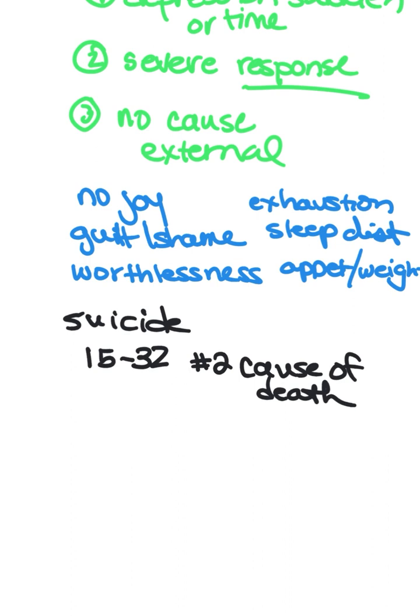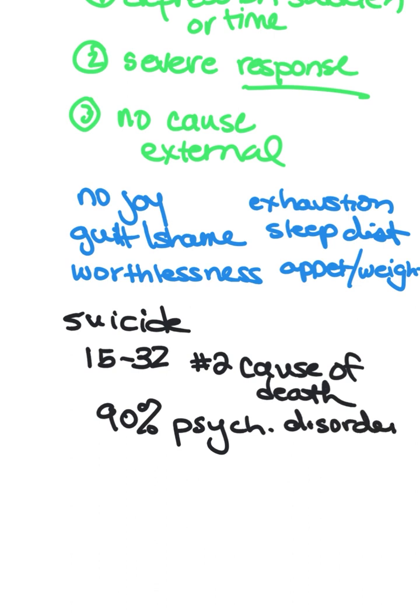I'm hoping those of you interested in psychology will start to look at this area. It's really interesting also that of the people who commit suicide, 90%, when they look back at the medical records, have some type of psychological disorder, in which depression is usually the most common. So depression definitely can be a risk factor for suicide.